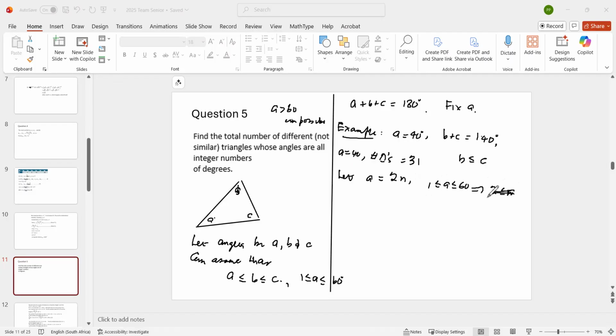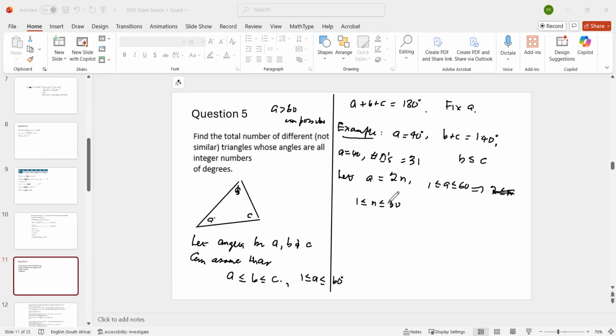So n is from 1 to 30. A runs up to 60, but it's an even number, so it'll be 2, 4, 6, 8, all the way up to 60. So there are 30 values of n.